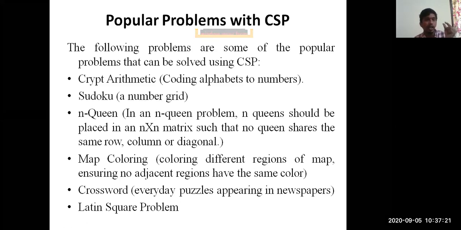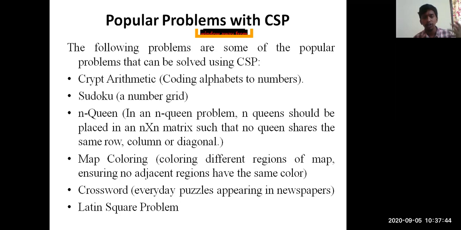Suppose the first word is SEND and the second word is MORE, and the answer should be something like MONEY. So how can I get that? All these things come under cryptarithmetic problems. These are also puzzle solving, or you can say mind game solutions. We'll try to understand this in the upcoming sessions as part of the applications of your CSP.